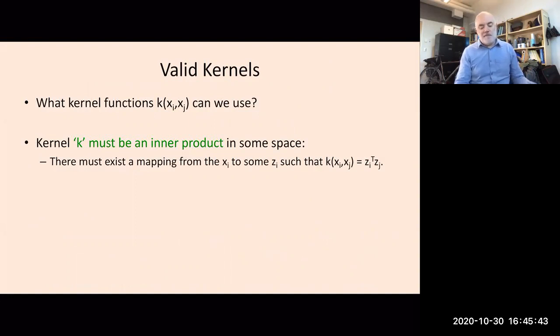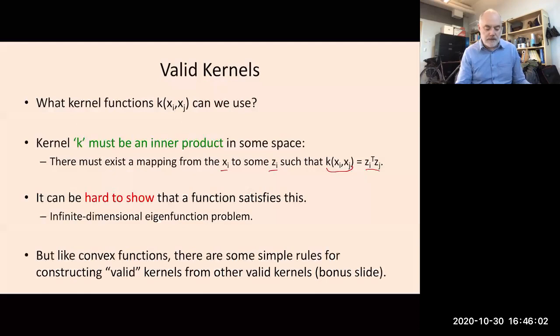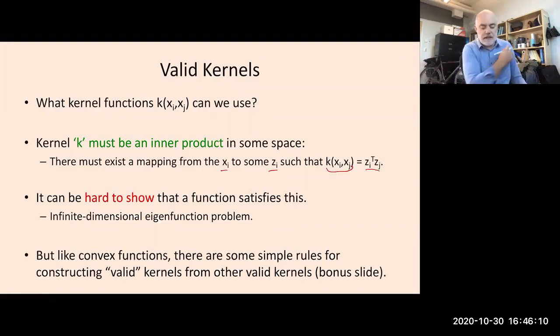Basically, a kernel has to correspond to an inner product in some space, and it's not easy to work with this. There has to exist a mapping from X to some Z such that when you compute the kernel function, it has the same value as the inner product in this space. And it can be very hard. Massive amounts of research went into this, particularly in the late 90s and early 2000s.